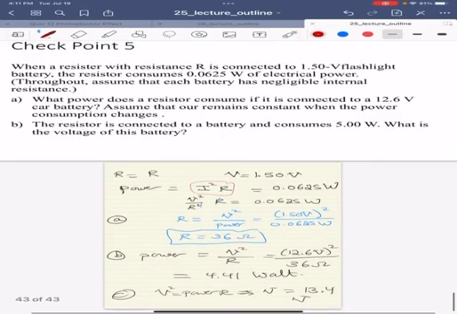Then I can calculate the power with the voltage at 12.6 volts: V squared over R, and that is 4.41 watts. And if I wish to calculate the voltage when the power is 5 watts, it's again the same formula, and I take the square root and find that V is 13.4 volts.